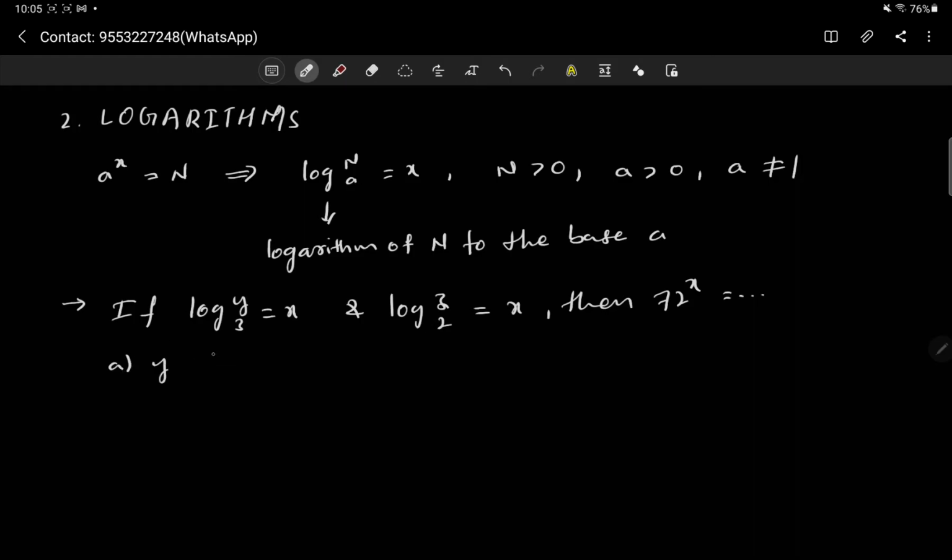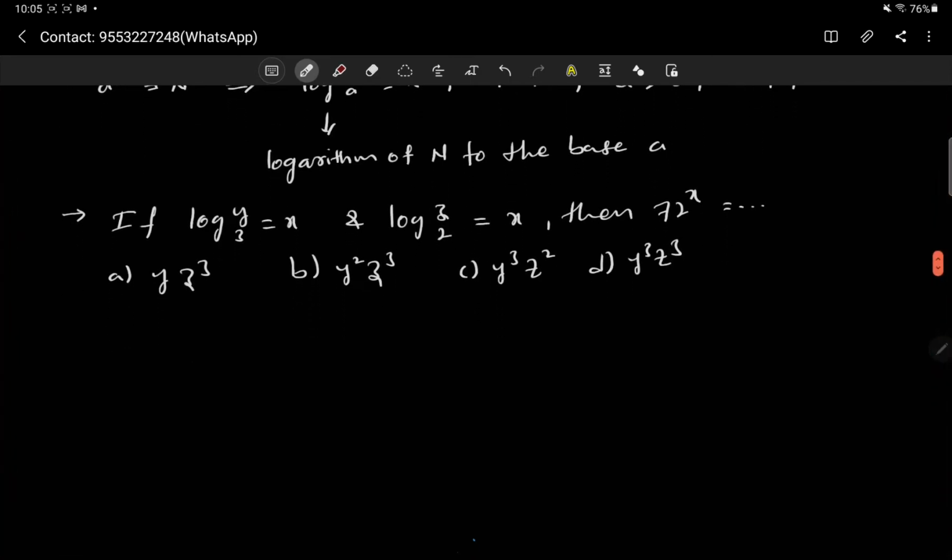First option is y z power 3, second option is y square z cube, third option is y cube z square, and fourth option is y cube z cube. Now we are going to get the solution for it.